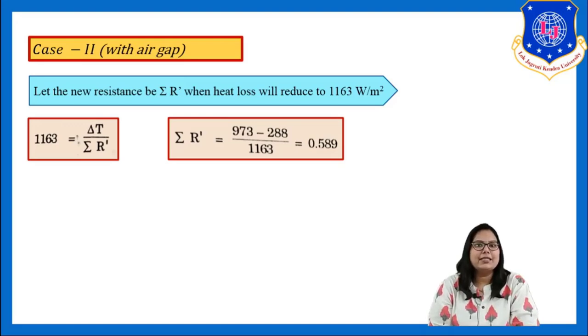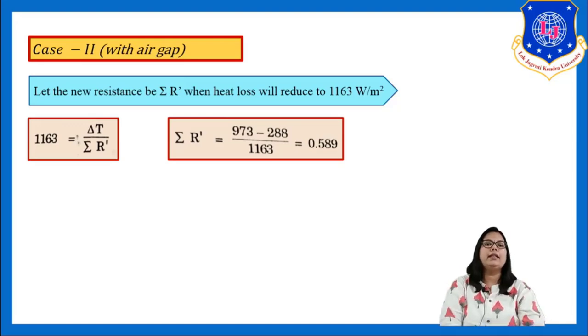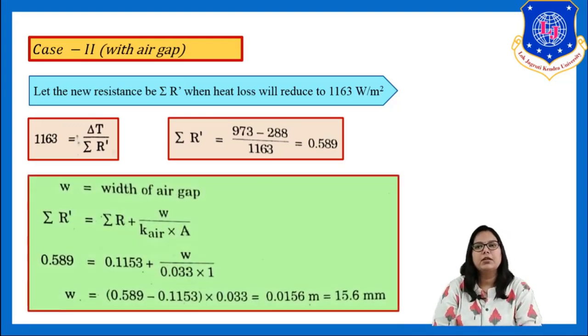So summation R dash is equal to delta T by Q, that is 973 minus 288 upon 1163, where 1163 is the value of Q. So my new summation R dash is equal to 0.589. Now I have to calculate the width of the air gap W. Summation R is the thermal resistance of the first three materials, which we have already calculated in case 1.